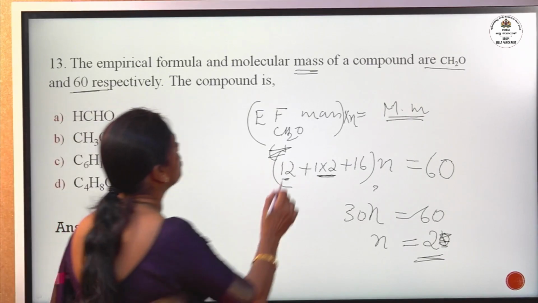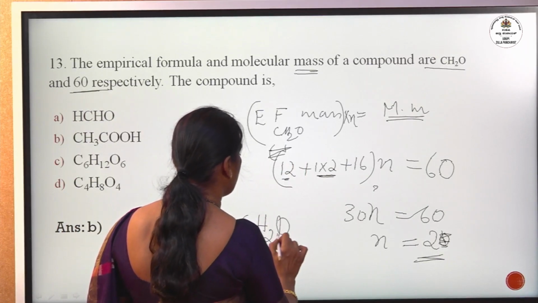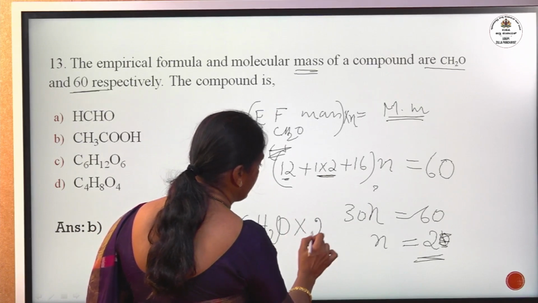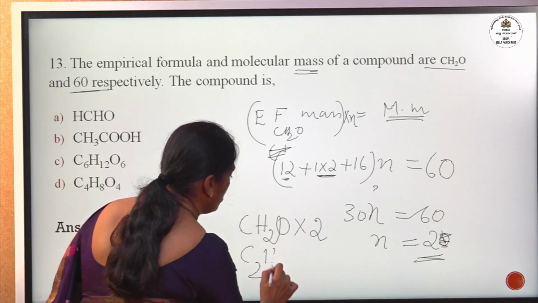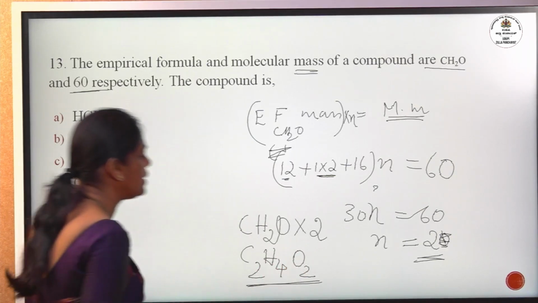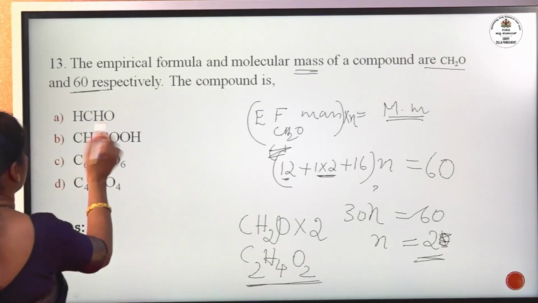Now substitute here. Empirical formula CH2O into N, which is 2, becomes C2H4O2. We will check the options now.